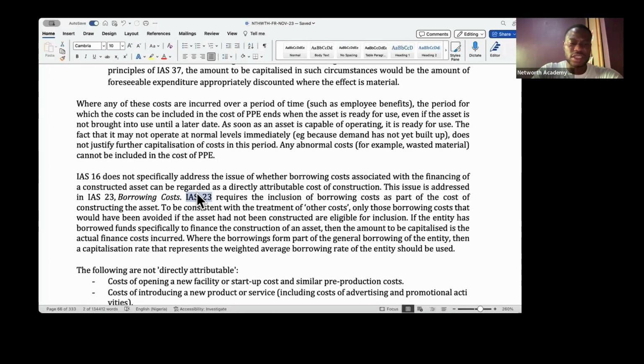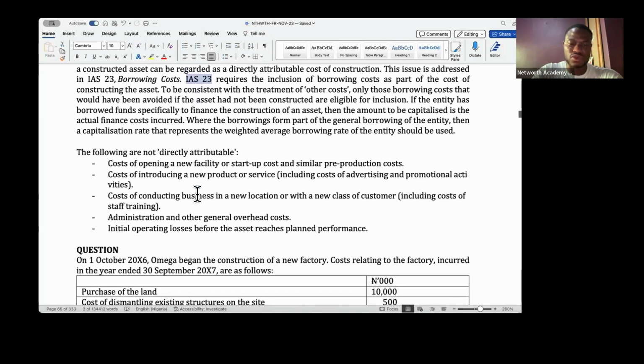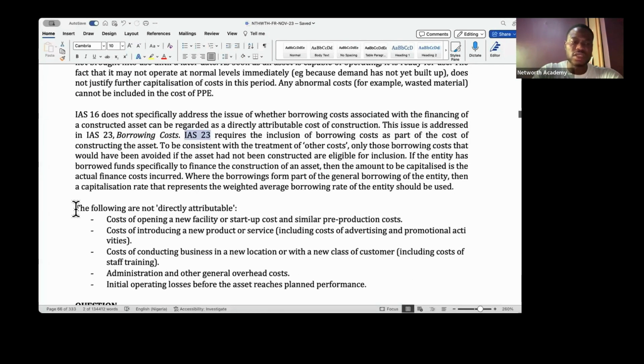Okay, now the next one that I need to point out for you before I move to a question is that we need to identify some of the costs that are not directly attributable. Because I've seen it asked before for 4 marks.